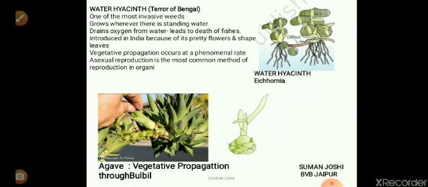It grows in stagnant water and it drains all the oxygen which is present in the water body, and it leads to the death of aquatic organisms. So water hyacinth, where the vegetative propagation occurs at a phenomenal rate with the help of this offset.